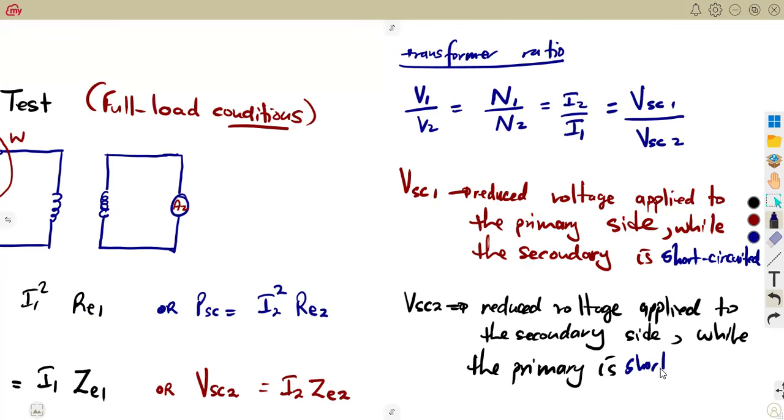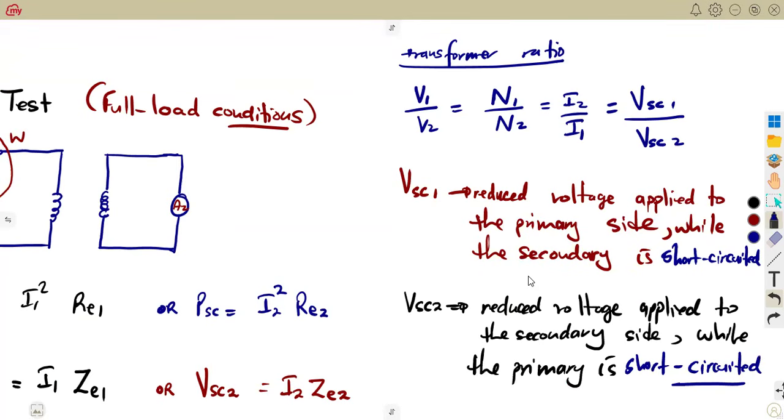So these are the conditions that you are actually going to be working with. The primary side is short-circuited at that moment, so you can use that in our formulas as we work with our transformer ratio.